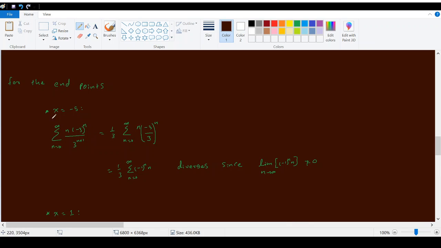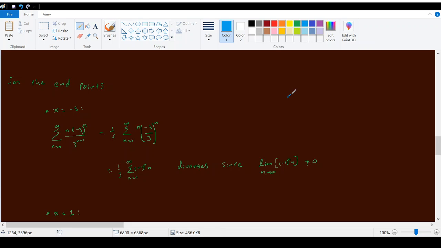So when you substitute -5 into the series, you will get 1/3 sigma this thing, and you can see that from the test for divergence, the limit of this term is not 0.